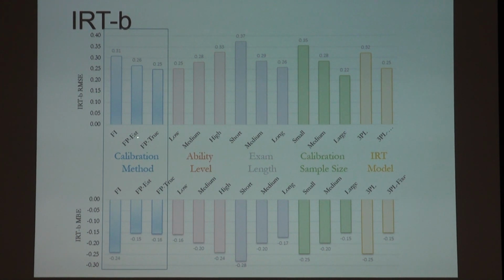Here we have better results under the fixed person parameter calibration than the fixed item approach. And for the ability level, again, low ability level contains smaller estimation calibration errors. And then again, this low ability group is the one that contains the largest proportion of domestic students, which has a better alignment to the item pool difficulty level.